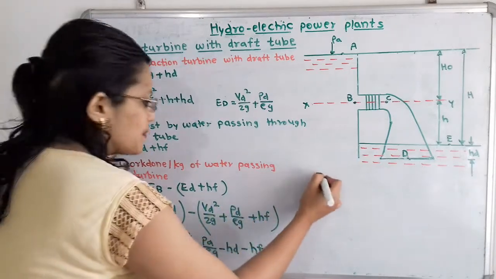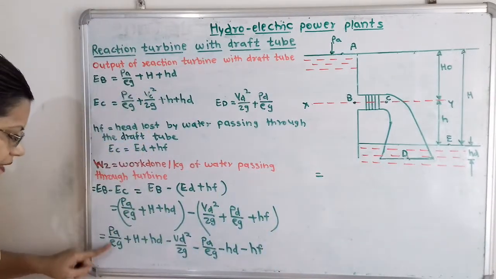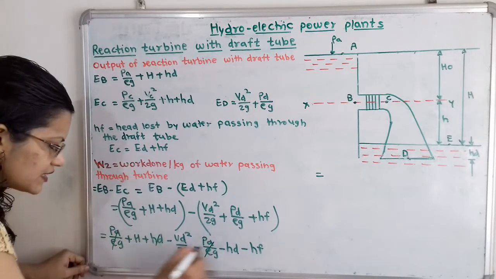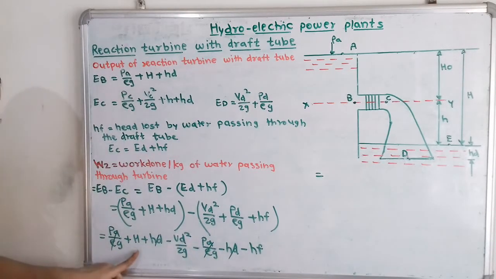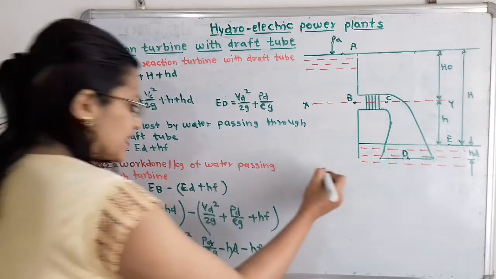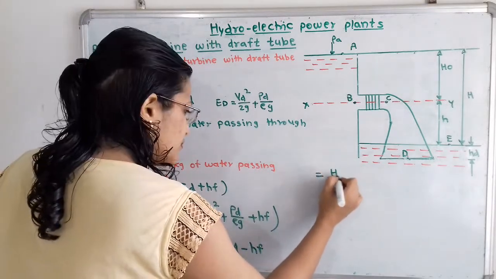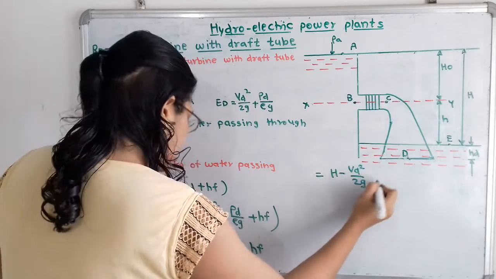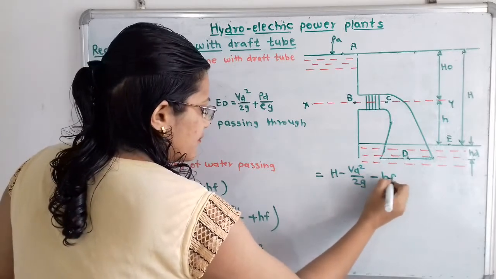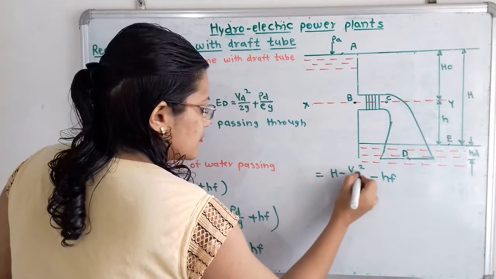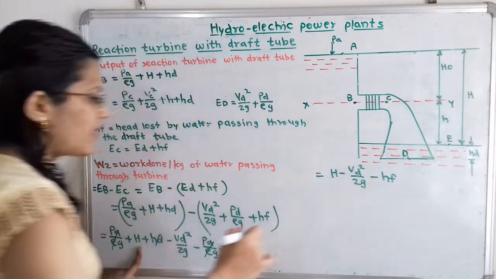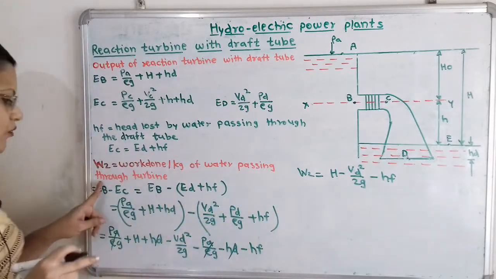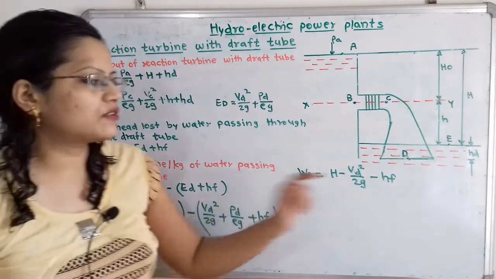Now again we will simplify this. So this PA by rho G is getting cancelled. This HD is also getting cancelled. So what is remaining, I will write here H minus VD square by 2G minus HF. So here is the final value, that is the work done per kilogram of water when it is passing through the turbine.